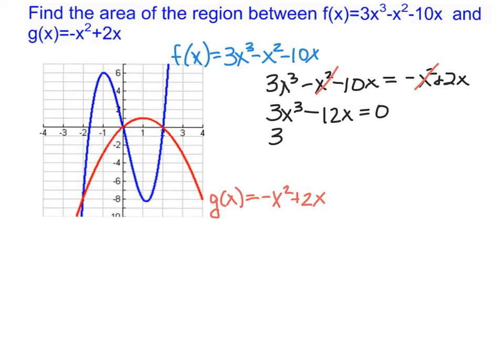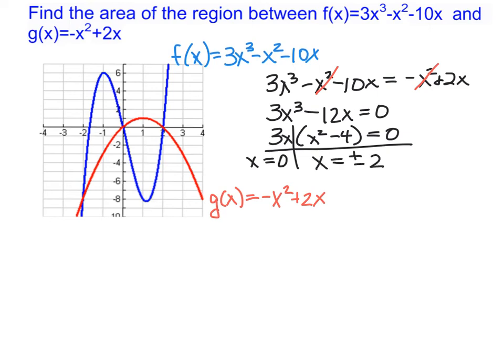If I factor out my 3x, that's going to leave me with x squared minus 4 equals 0. And I then see the intersection points x equals 0 and x equals plus or minus 2. So here I have x equals negative 2. Here I have x equals 0. And over here, x equals 2.